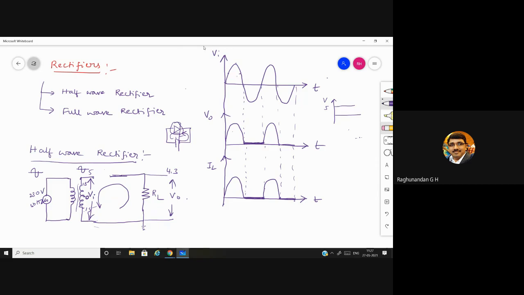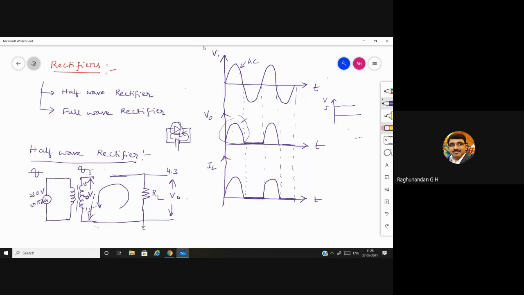Because there is fluctuation again in the output also. See this fluctuation, what does it indicate? What does it indicate? This kind of shape. So this kind of shape indicates that there is AC in it, right?